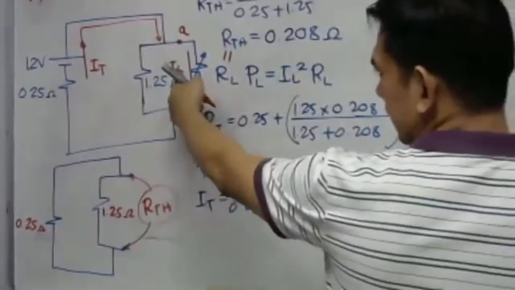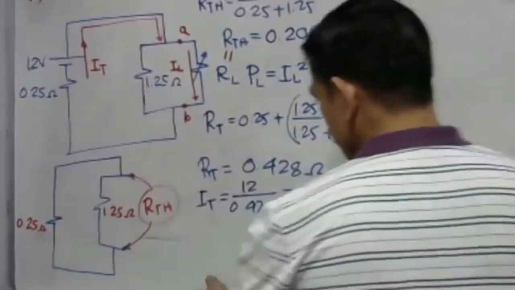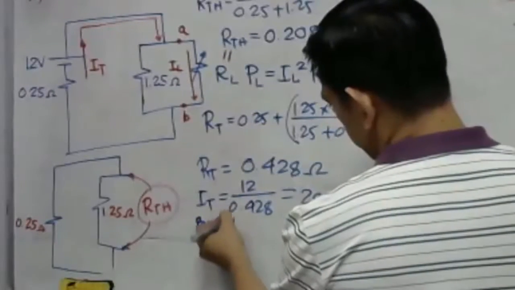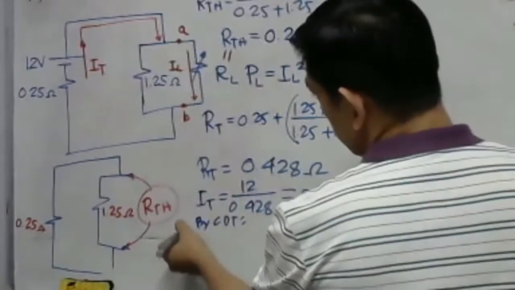And remember that this current IT is flowing here. That will be the resultant current by the current divider theorem. So what do we have here?